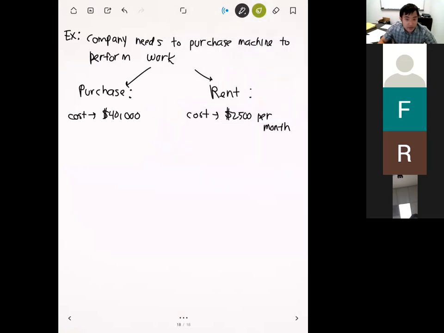One nice thing is that if they do choose to purchase it, they technically own it. In that case, the company can then salvage the machine. They can either sell it back to the company, or sell it to somebody else. The salvage value is approximated to be about $6,000.